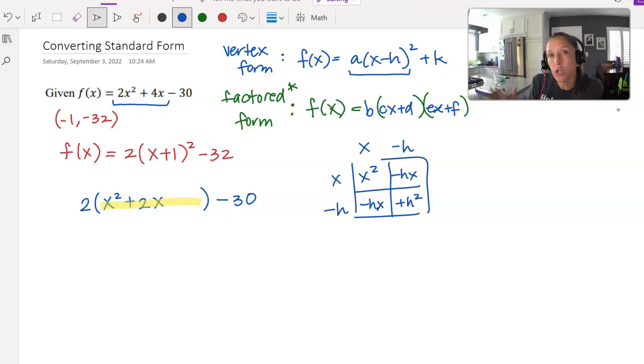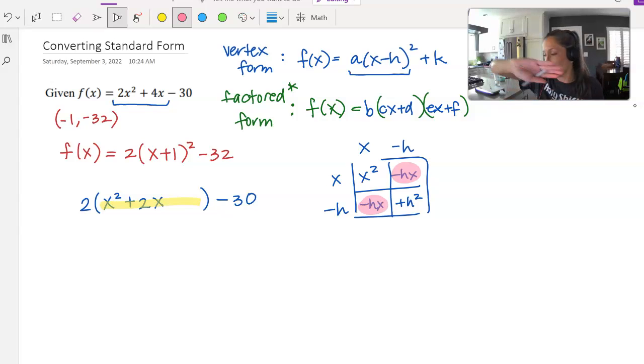So when you look at this, you actually have pieces of this already in your problem. We have 2x, and these have to be the same, right? In order for this to be a square, these two have to match.